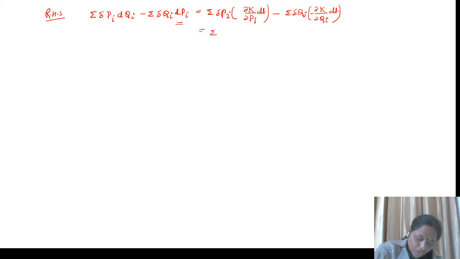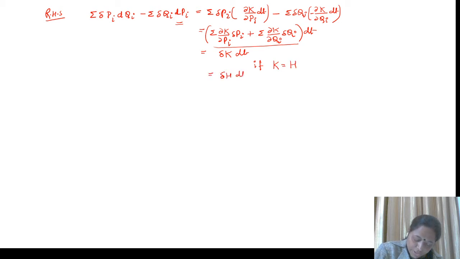So it is summation delta K delta pi, summation delta K delta qi, and dt. This is delta K. This whole is delta K dt. Now if your equations are not involving time, K is equal to H. So this is delta H dt.